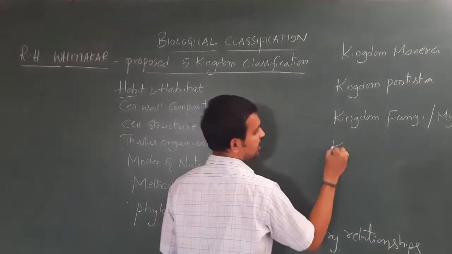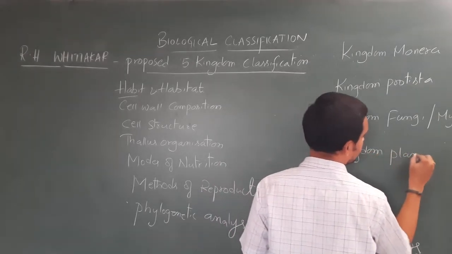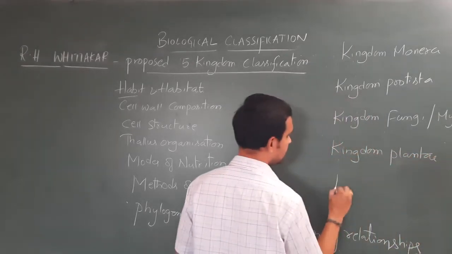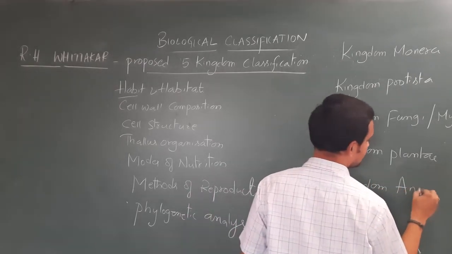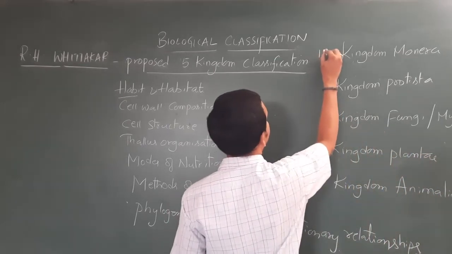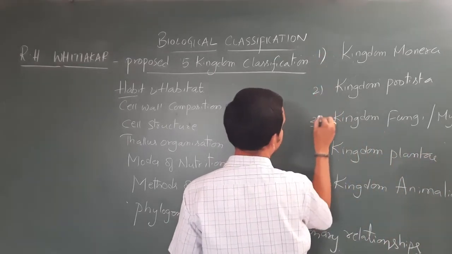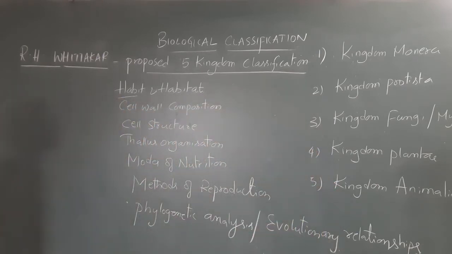Next, Kingdom Plantae, next Kingdom Animalia. So these are the 5 kingdoms proposed by R.H. Whittaker. So on what basis did he propose the classification?